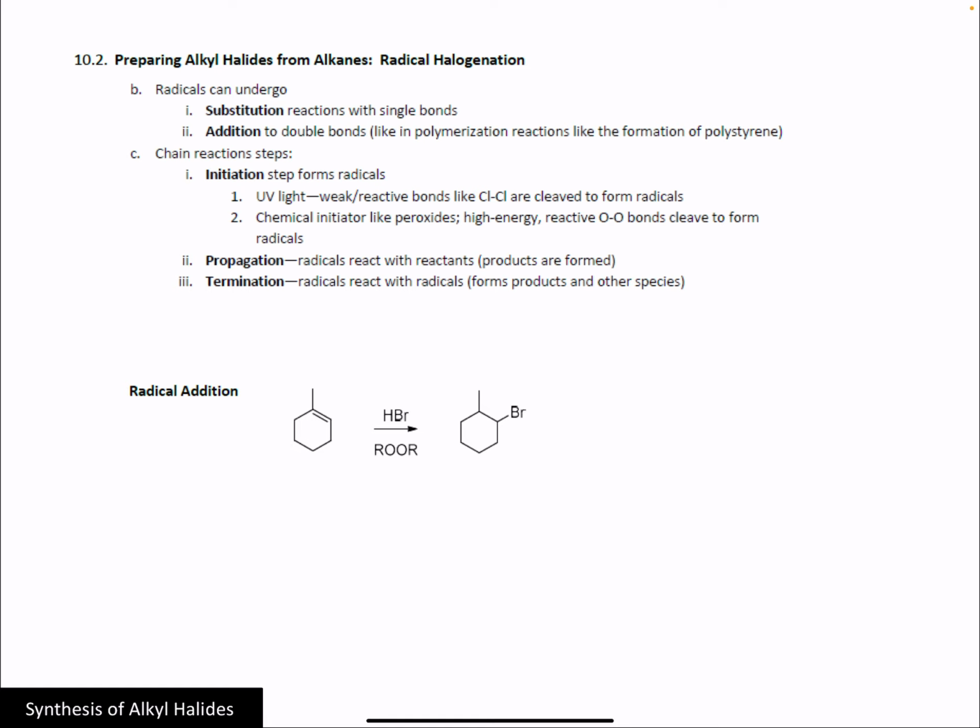Radical addition, we've seen. Remember, so this is the anti-Markovnikov. We make the anti-Markovnikov product. It goes through a radical intermediate. And remember, in this mechanism, you should be able to draw the entire mechanism out. But the important step is this one, where this guy adds here to get the tertiary radical, rather than if bromine adds here, the radical would be here, right?